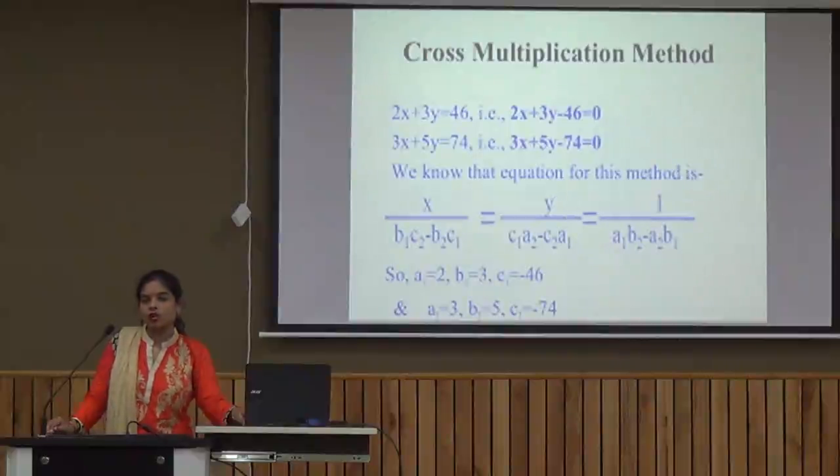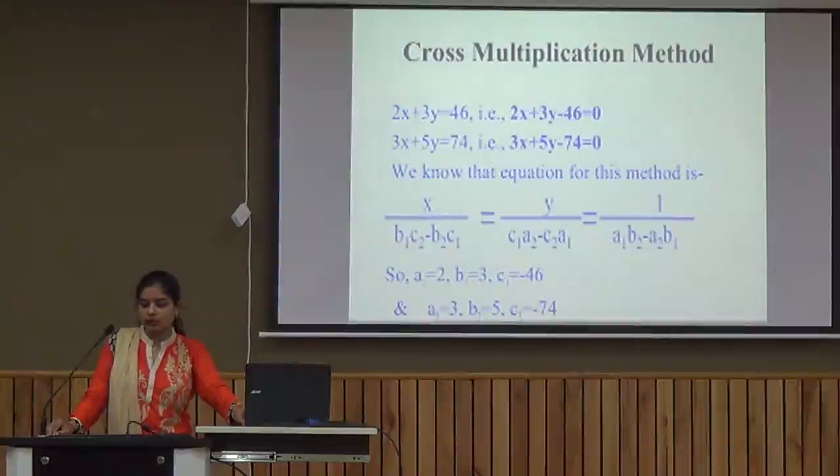So we have to take all the three terms for x, y and constant to the left hand side. So we can write the final equation as 2x plus 3y minus 46 equal to 0 and 3x plus 5y minus 74 equal to 0.